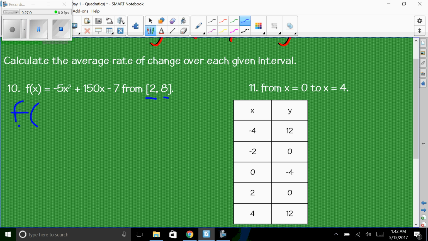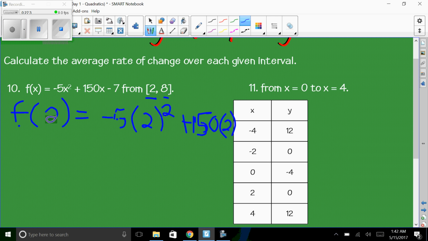So the first one, let's do f of 2 equals -5 times 2 squared plus 150 times 2 again, excuse me.